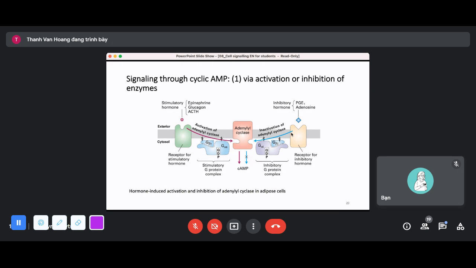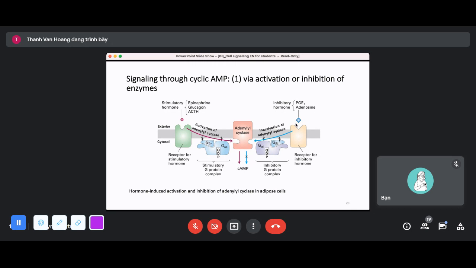On the other hand, adenosine is also a G protein coupled receptor, and also activates a G protein, but this G protein is an inhibitory G protein, so it inhibits the enzyme adenylyl cyclase.